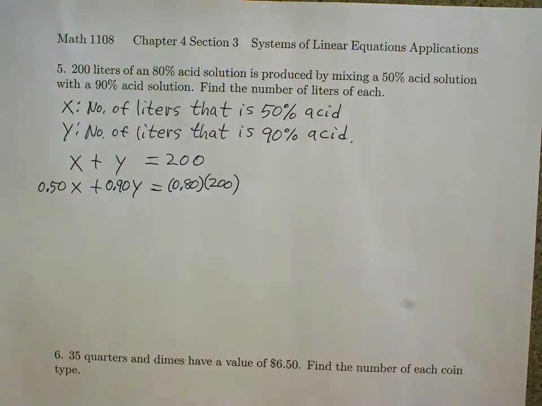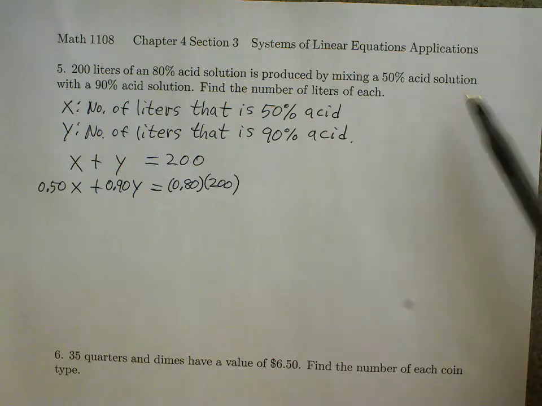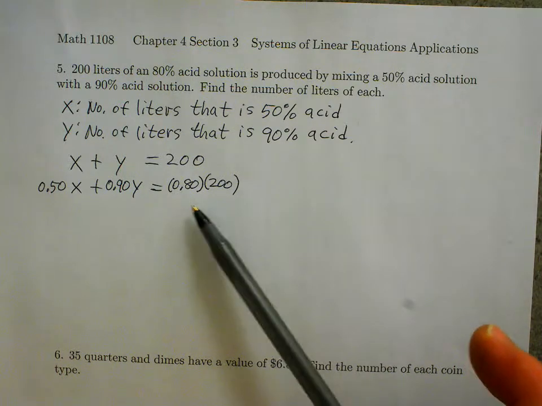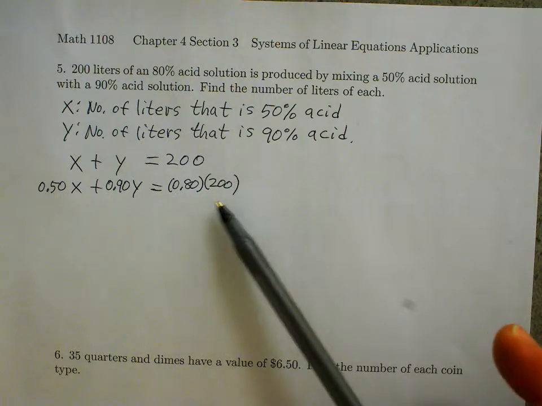Make sure that you catch the subtle differences in some of these problems. We could have written this problem so that we were told how much acid was in the mixture.